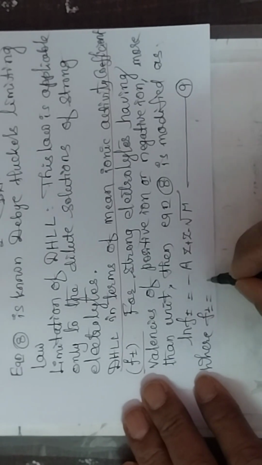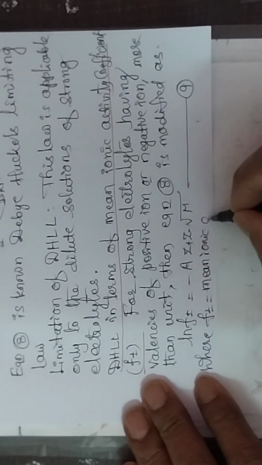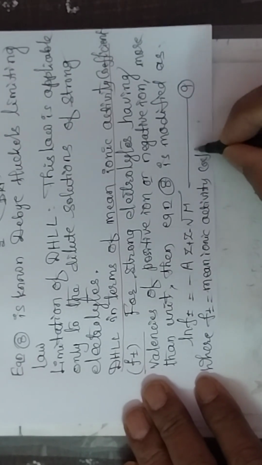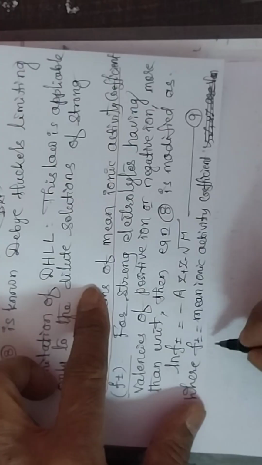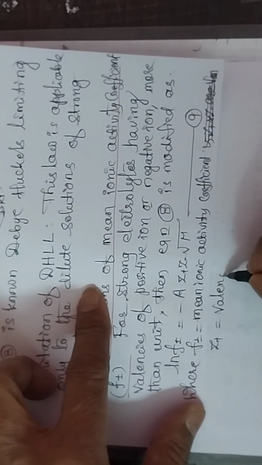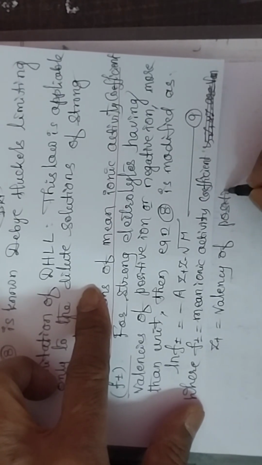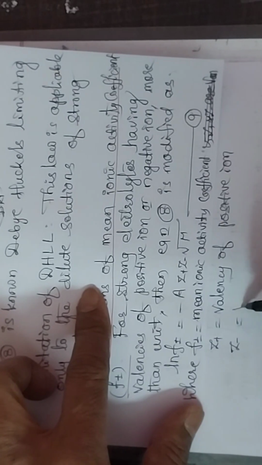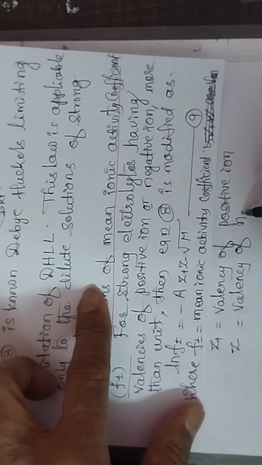f plus or minus is mean ionic activity coefficient, and z plus is equal to valency of positive ion, z minus is equal to valency of negative ion.